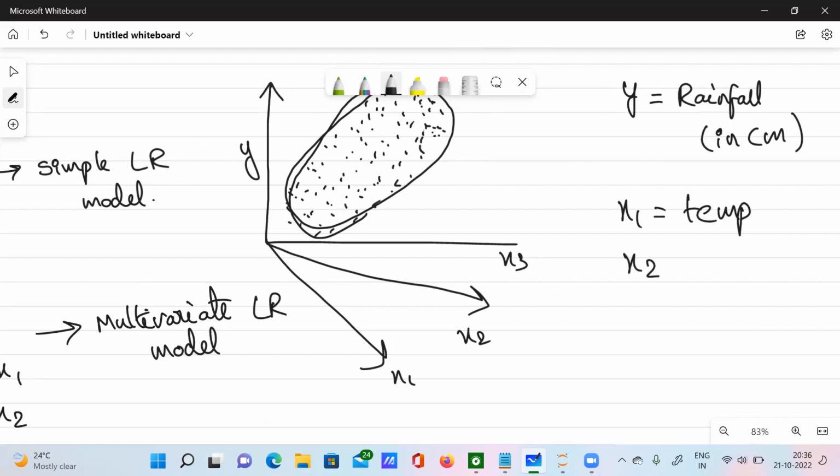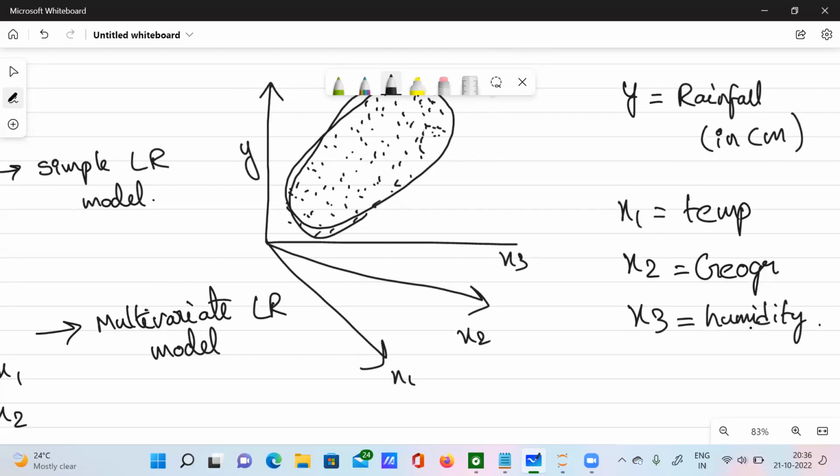And what is this x2? x2 is the geographical location, let's say. And what is meant by this x3? Maybe x3 is humidity or something, whatever the factor may be.